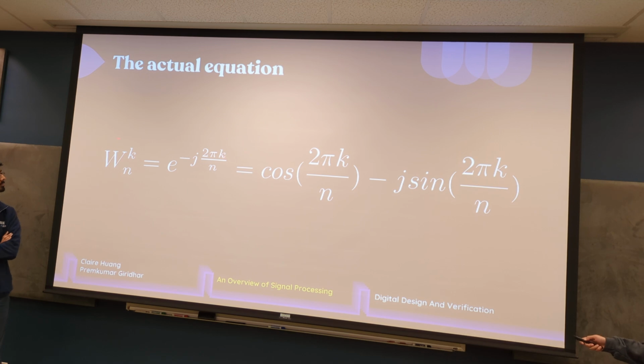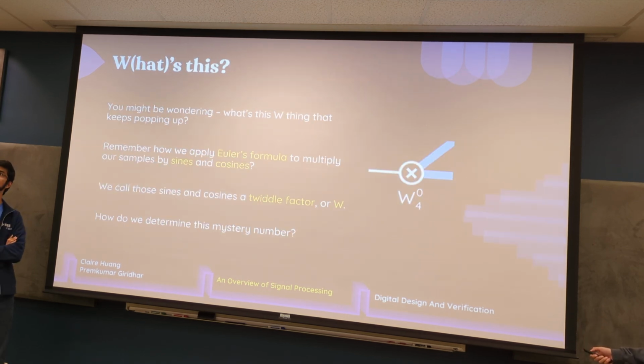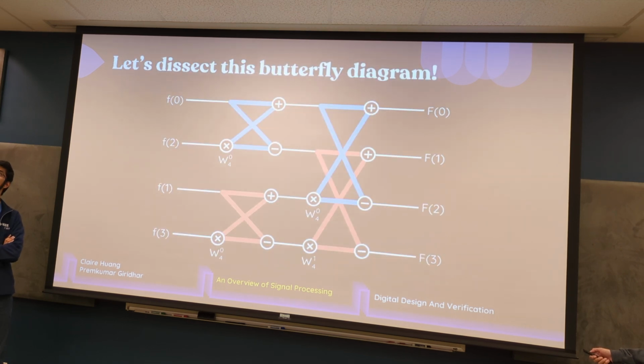You'll notice that we have a k up here and n. So n, as we said, is how many points in the FFT, and then k is what stage we are sampling. So in here we have our k, this is the 0, and then the n is for this whole thing.